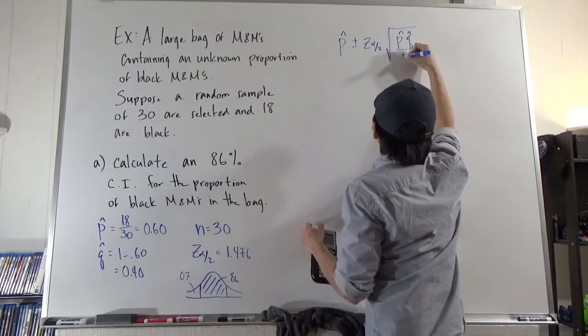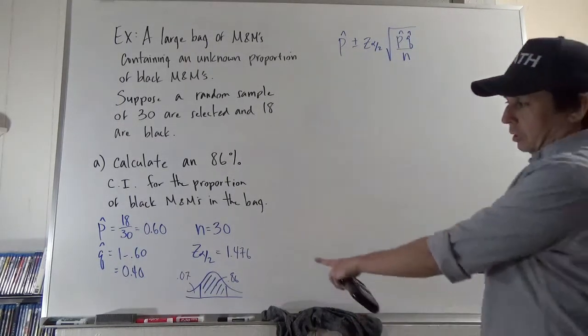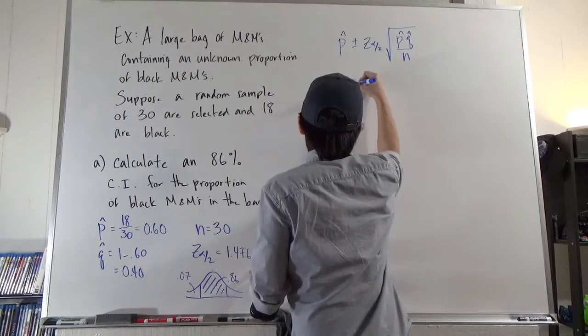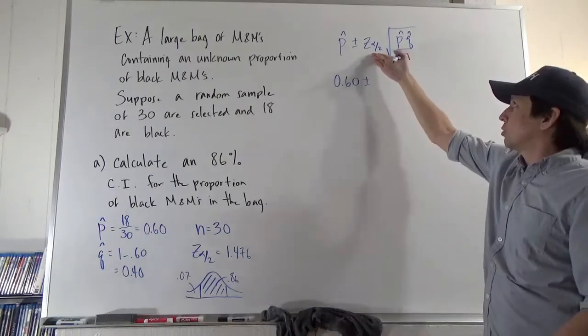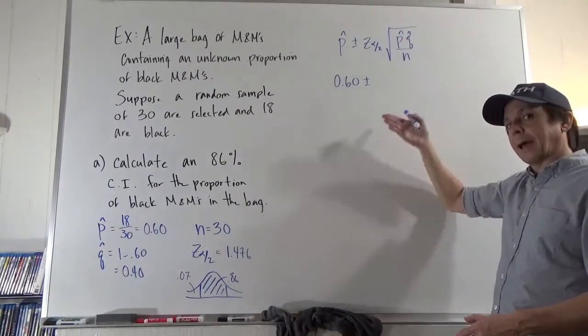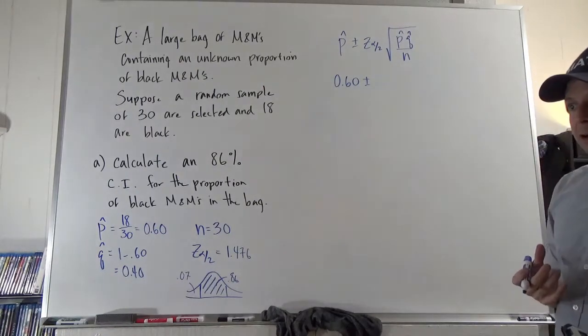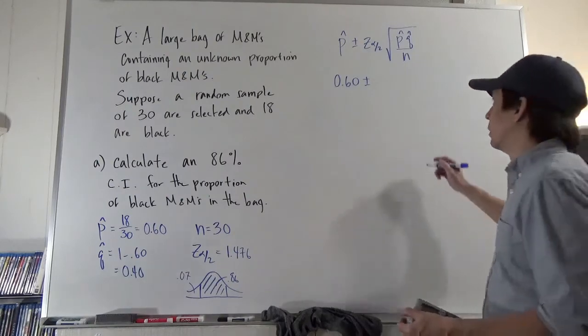You don't have to keep doing that in your notes or on the exam. But definitely sort out your things ahead of time and show me what you're going to be using in here. I would compute, as before, the z times the square root as a separate thing and then add and subtract it. For one, that means you get the margin of error as a separate thing that you can then give as an answer if I ask for it later.